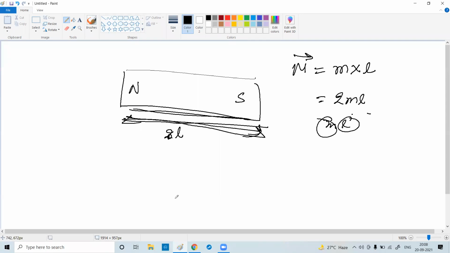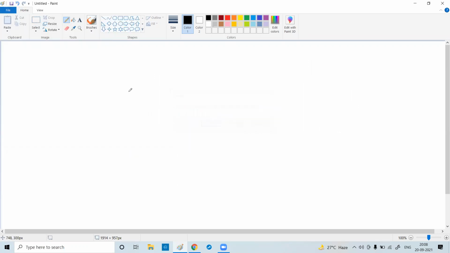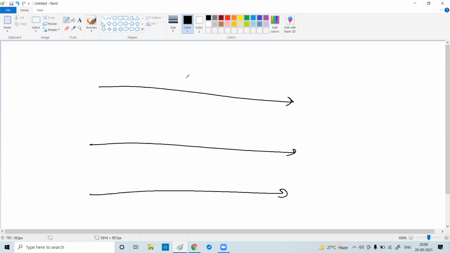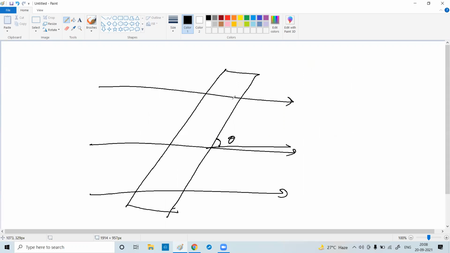So the dipole moment plays a very important role, because it's a vector, and that will determine what amount of energy it stores when a dipole is aligned to a magnetic field. So we will study that if a dipole, this is an external magnetic field, I have a dipole. The dipole makes an angle theta with respect to the magnetic field.